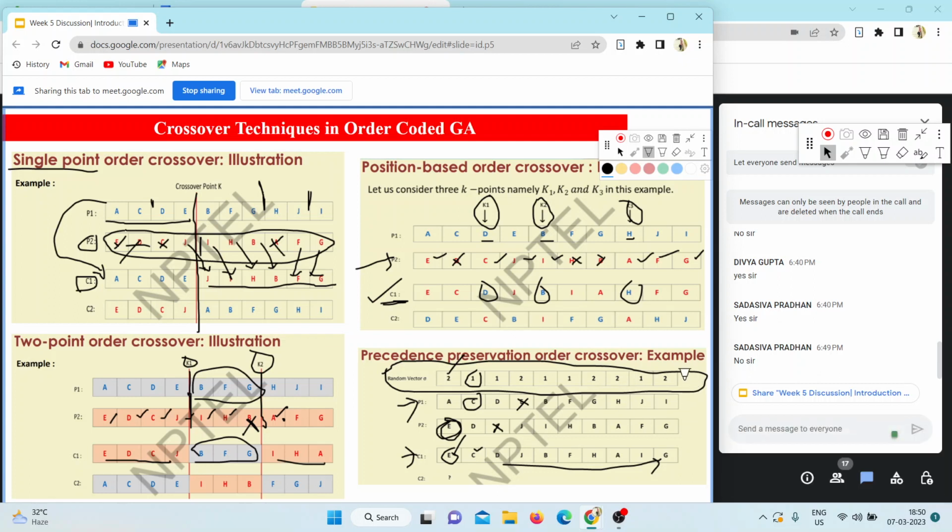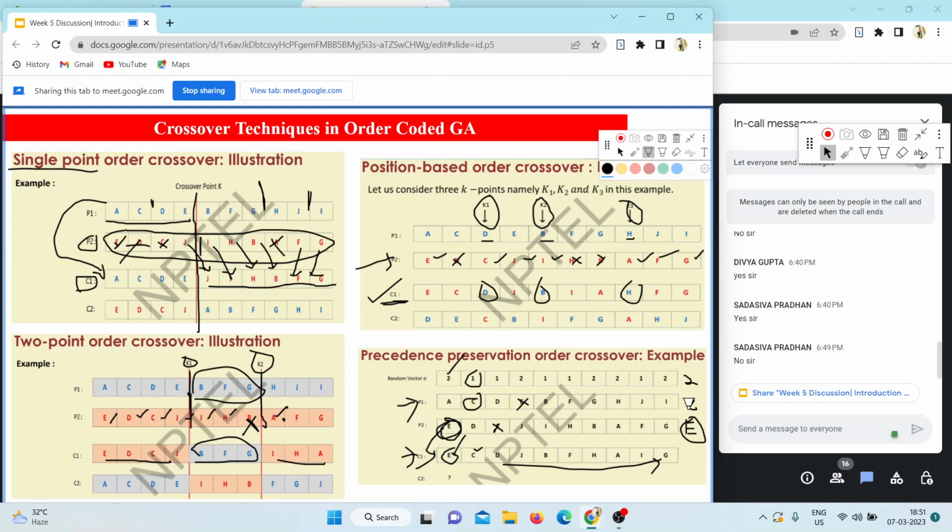Like if here is another bit, and here is E, here is, let's say, Z. Our mask is telling us to choose the E, but we cannot choose the E because E is already preserved in the first bit of our children's string.